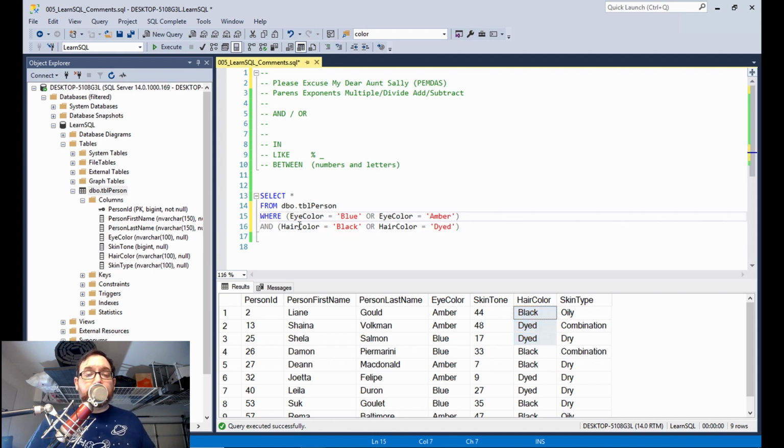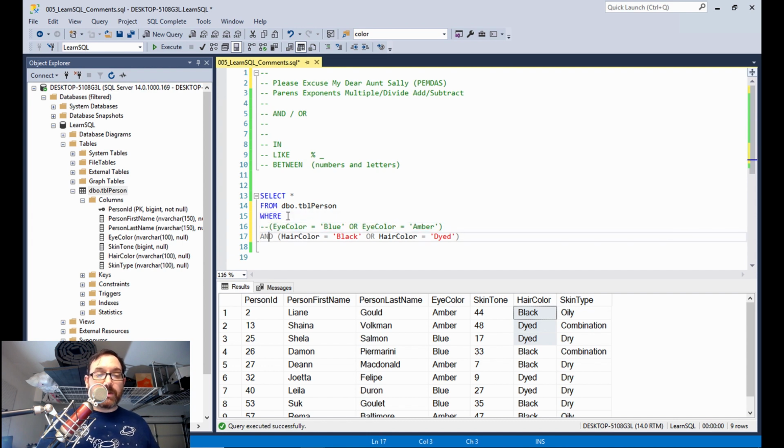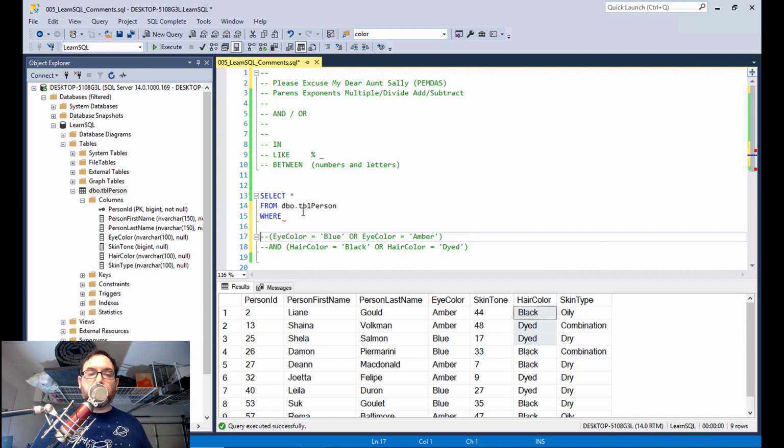So instead of this statement, something or something, we can use a SQL unique statement called in. So I'm going to comment these two pieces out, and I'm going to write the same statement slightly different.